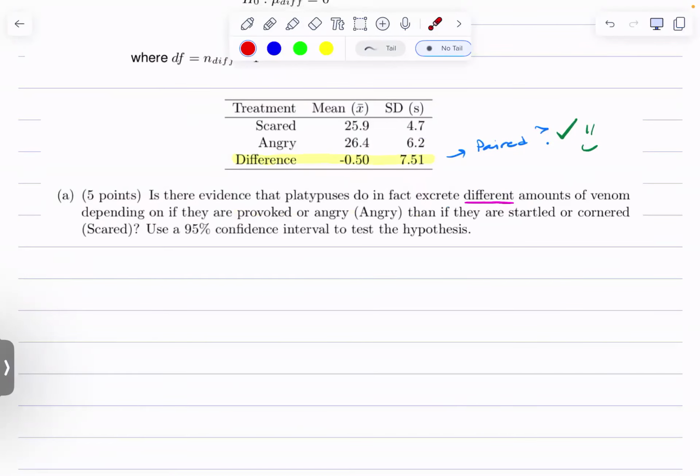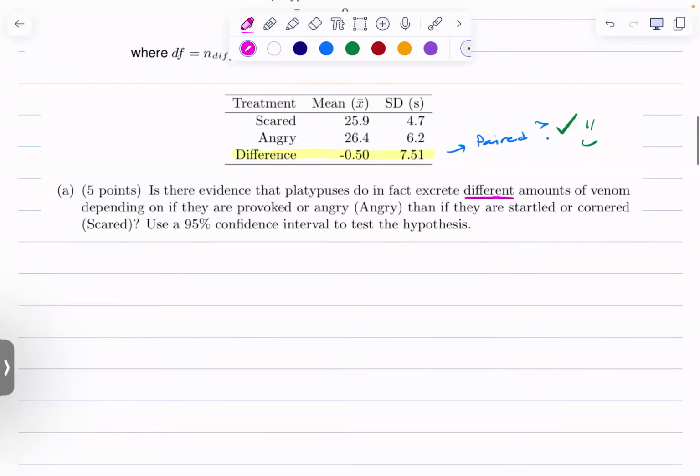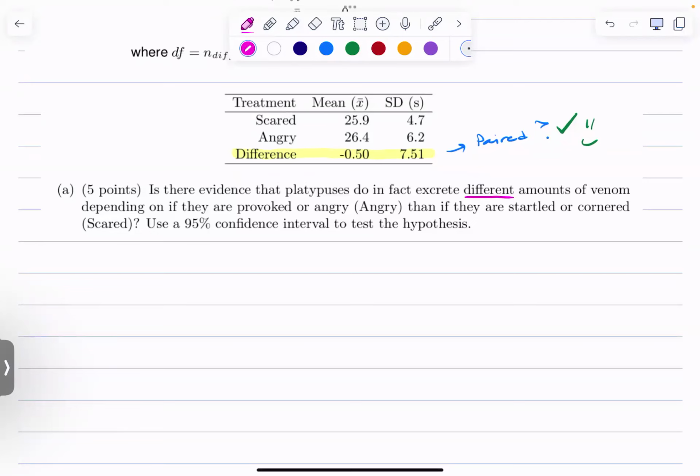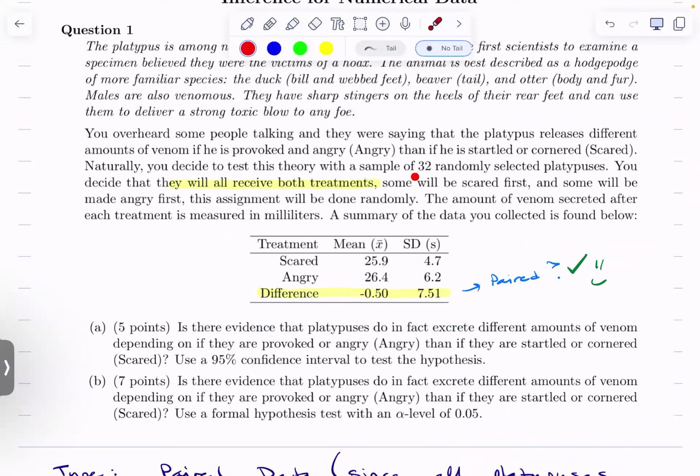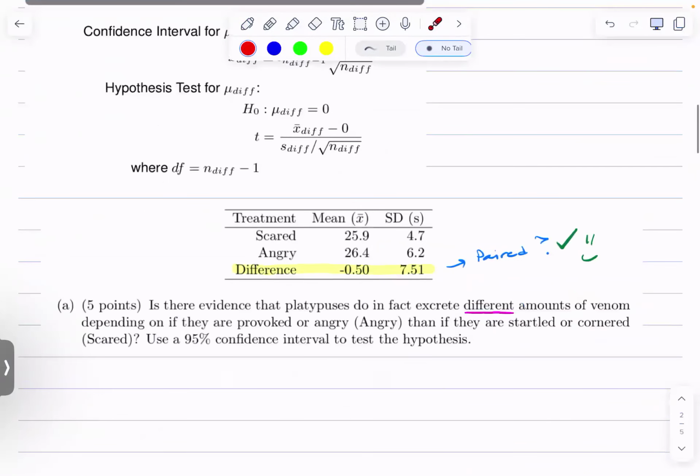So here we go. We are allowed to assume that the conditions have all been satisfied. That's nice. Randomly sampled, right? My sample size in this case is larger than 30 because I have an N of 32 platypuses, which gives me 32 differences. And so here I'll just jot down that N diff is going to be 32.